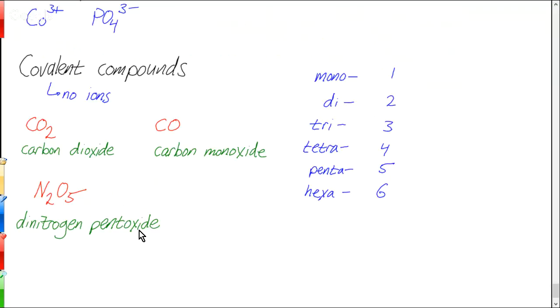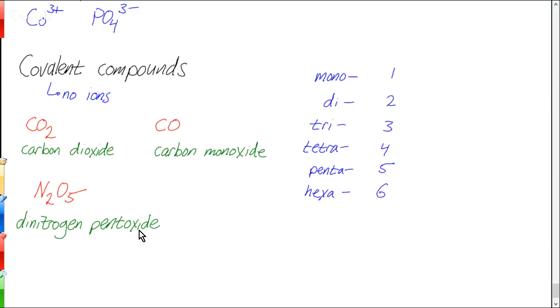The biggest issue with this type of naming is that everybody likes it. It's almost easier than the last one, because you don't have to worry about charges and balancing things out. You just say however many of each thing there is. So the biggest danger is using this style of naming on all the ones we already just did, because that wouldn't be correct.